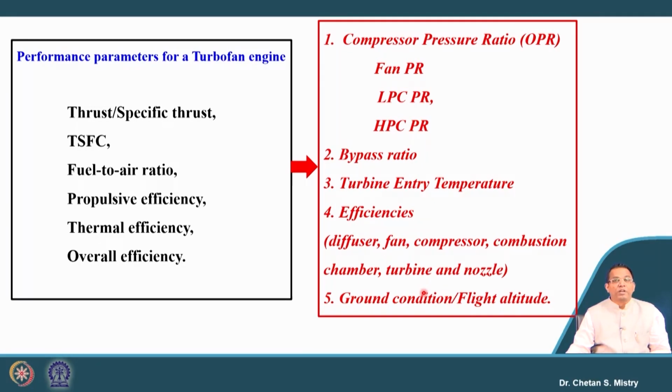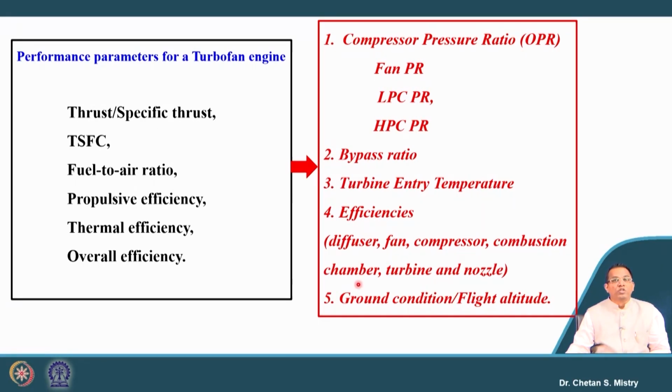The next parameter is bypass ratio, which is a speciality of the turbofan engine. We have turbine entry temperature, which we have seen for the turbojet engine as well as for the turbofan engine, and that has a great impact on efficiency.